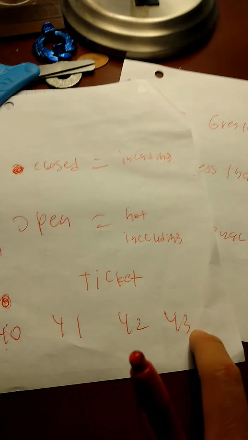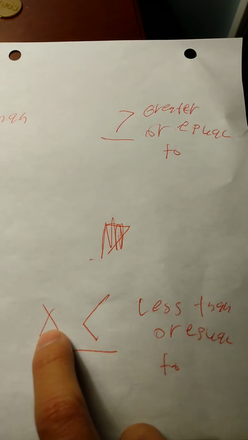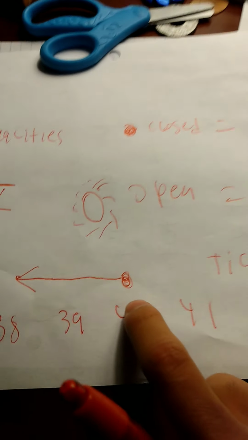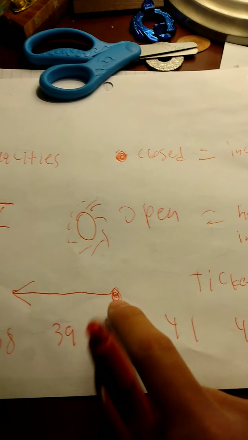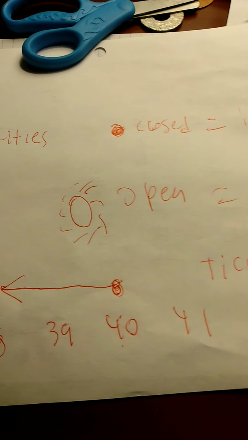If you go higher, you will get a speeding ticket. So your speed can be less than or equal to 40.